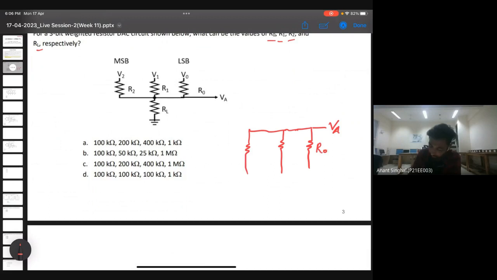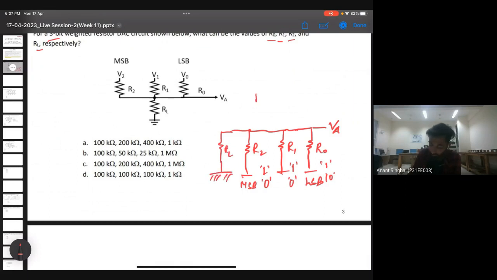So these are the resistances R0, R1, R2, and this R0 represents the LSB. Suppose we are having a 3-bit DAC, so there will be three resistors, and the third resistor will have the MSB. We will apply the corresponding 1 or 0 here, and finally there is a load resistor which is RL, which is always grounded.